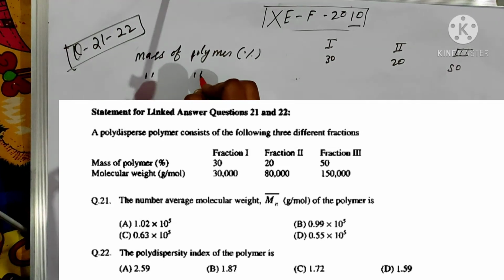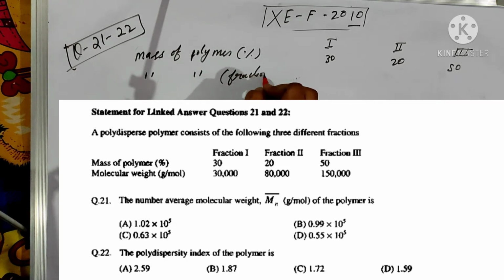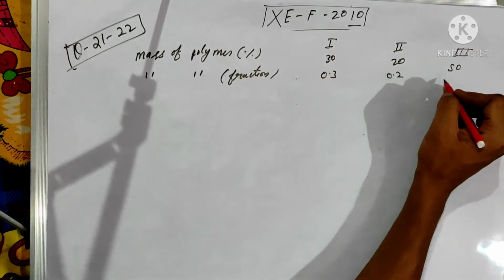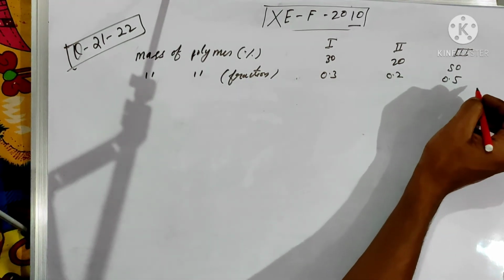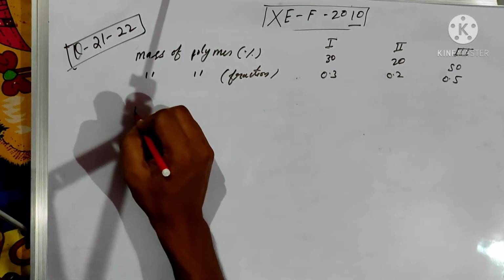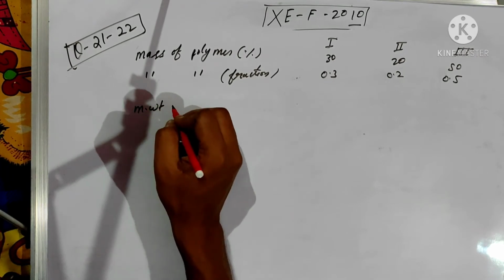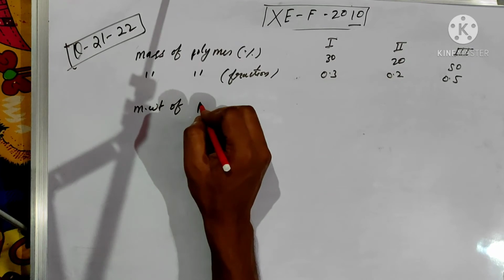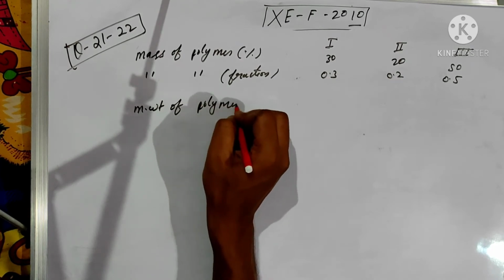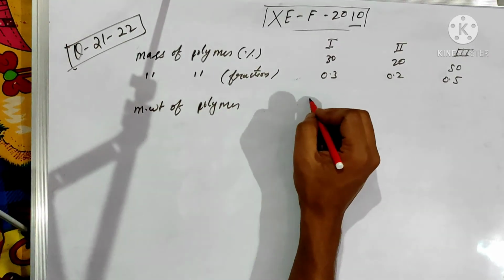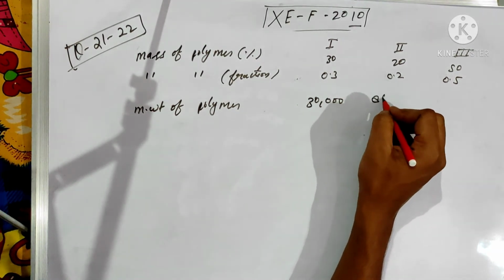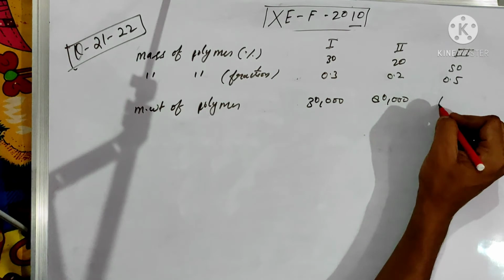Then the mass of polymer in fraction is equal to 0.3, 0.2, 0.5, and the molecular weight of the polymer is given as 30,000, 80,000 and 150,000.